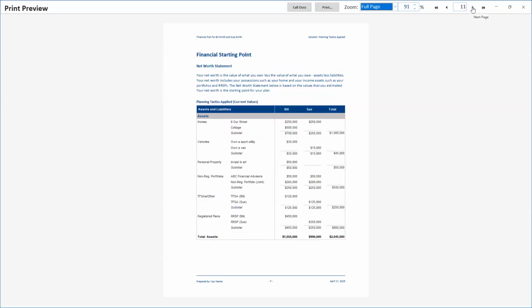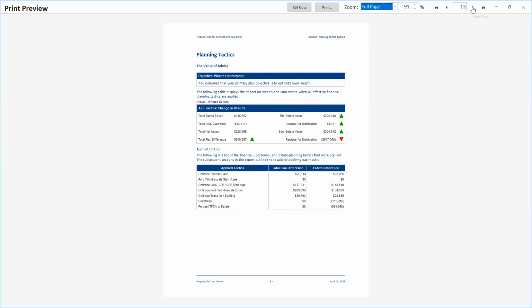And then, of course, the financial starting point, the net worth statement, and then the value of advice.